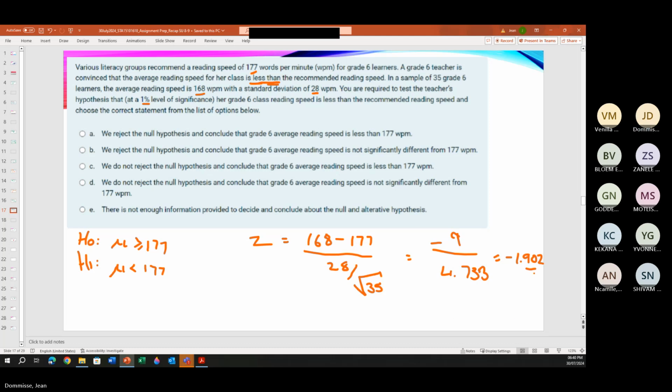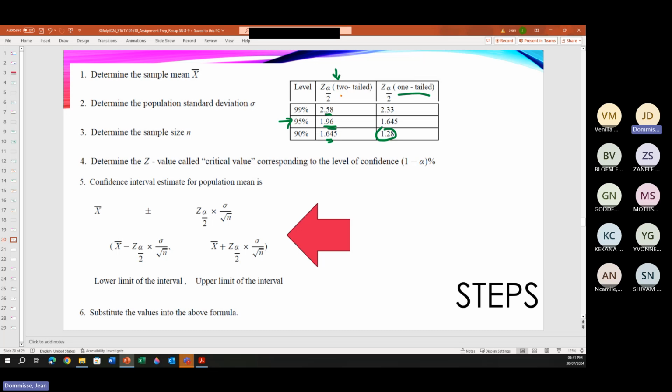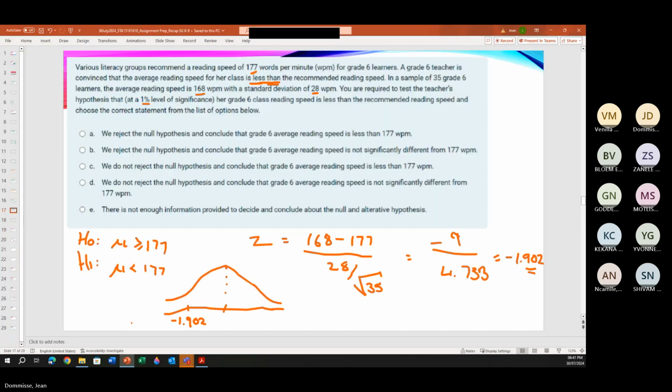The result is minus 1,902. 1% one tail is 99, 2,33. Minus 2,33.